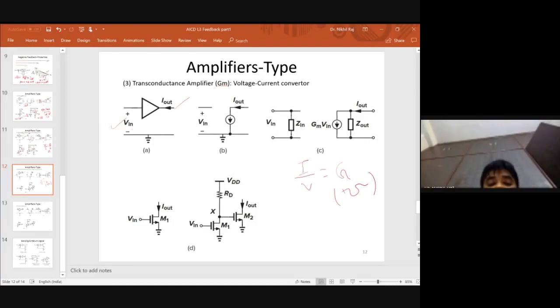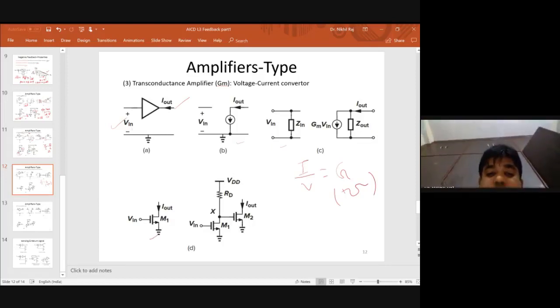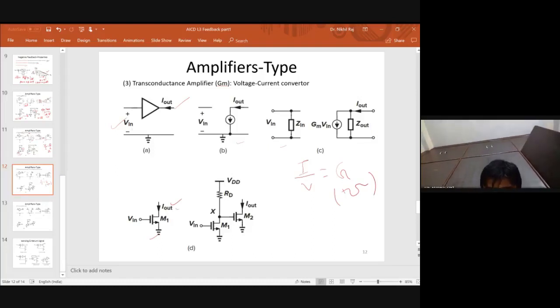Okay, so this is the ideal representation, and this is the practical representation of the circuit. And in the form of a circuit, how will it look? If you see here, M1 is there. In M1, the input is given as a voltage, however the output is taken as a current. So again we can say it is the ratio of I out by V in, which is nothing but a transconductance.